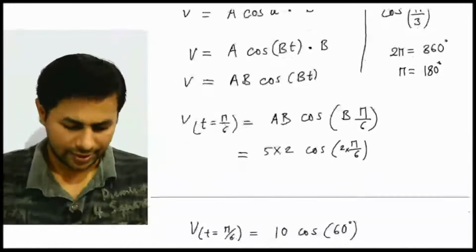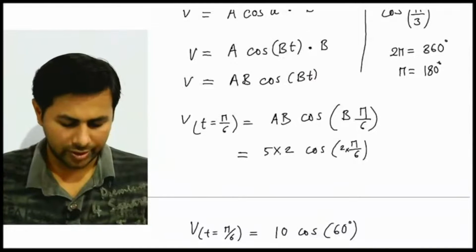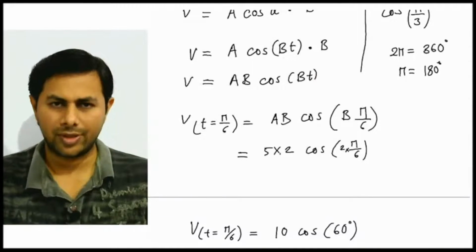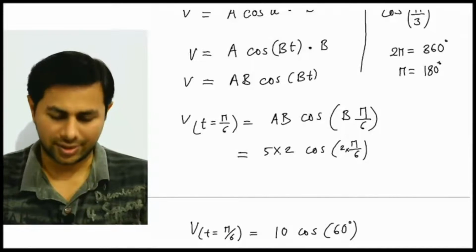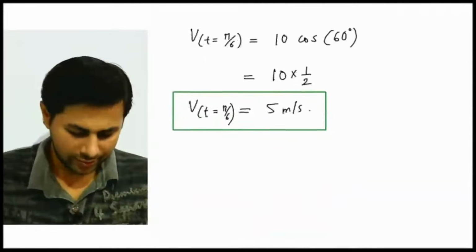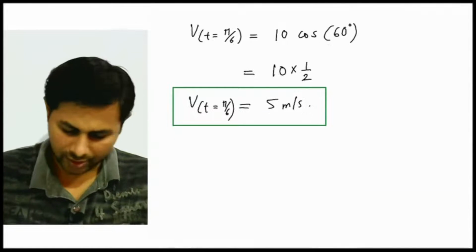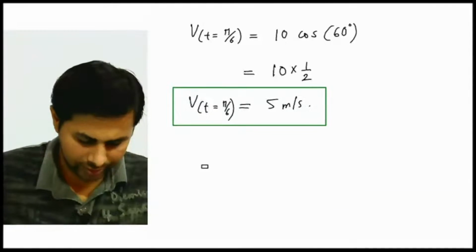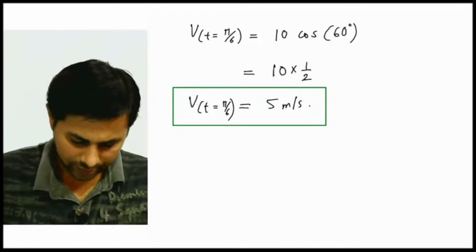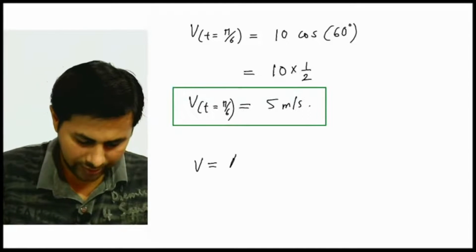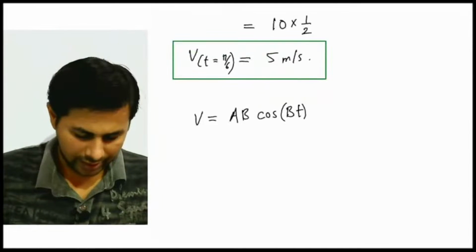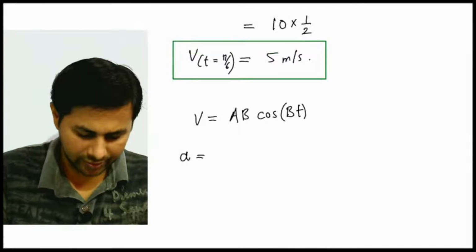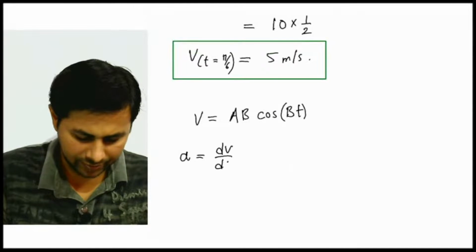Okay, so we found v equals ab times cosine of bt. Now if we take one more derivative of it, we will get acceleration. So we have v equals ab times cosine of bt, and we want to find acceleration, which is dv by dt.